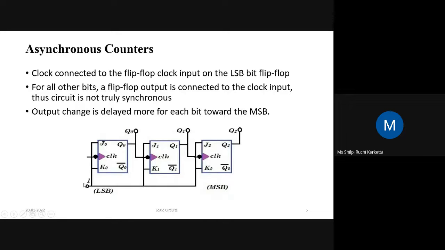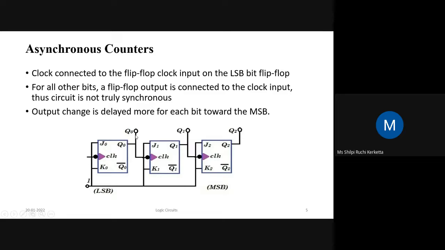Here we have the least significant bit. The first clock we give to the least significant bit flip flop, and its output we give to the next clock, and from the second flip flop we give the output to the third clock. From here we get this number. This is 2 to the power 0, this is 2 to the power 1, and this is 2 to the power 2.